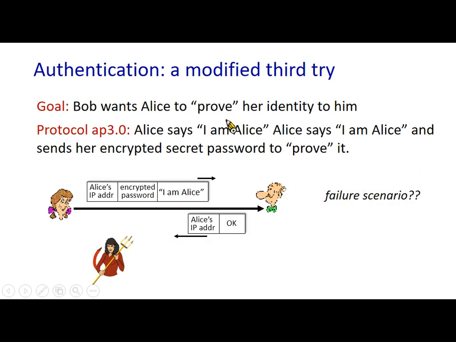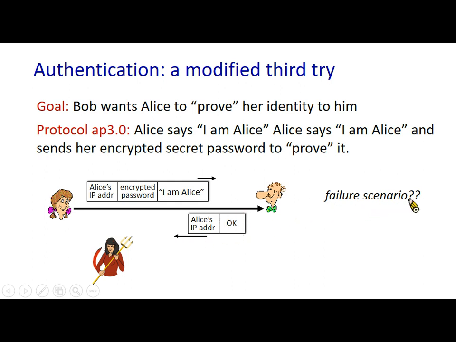Authentication, a modified fourth try. The goal: Bob wants Alice to prove her identity to him. The protocol: Alice says "I'm Alice" and sends her encrypted secret password to prove it, and also her IP address. Bob says, "Okay," and accepts Alice's IP address.